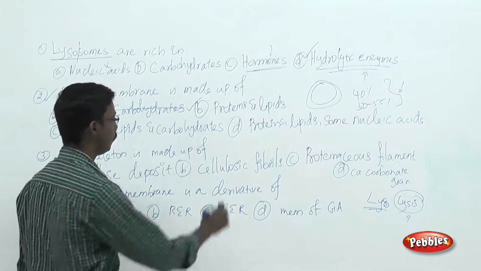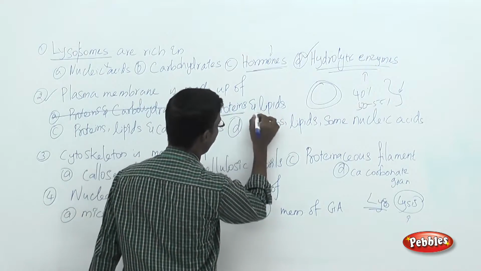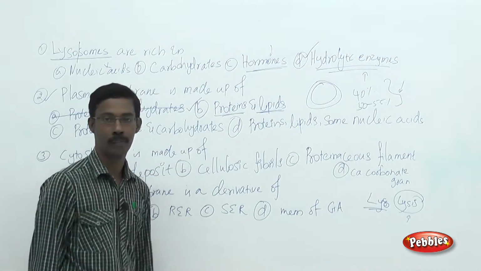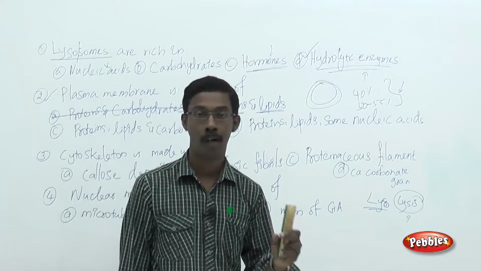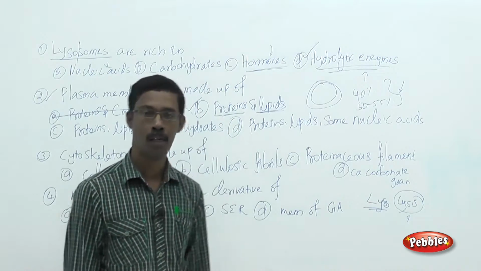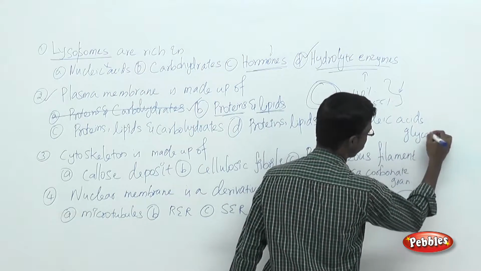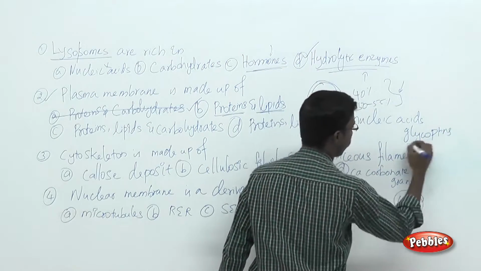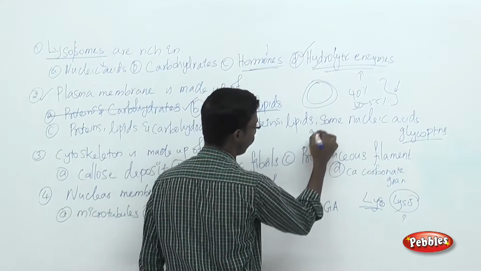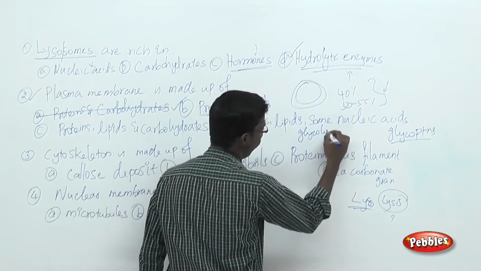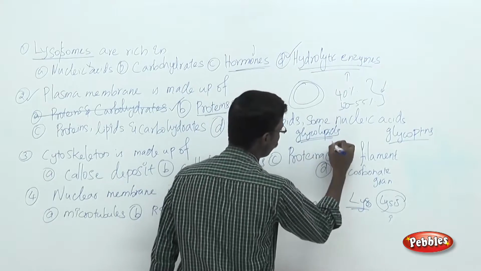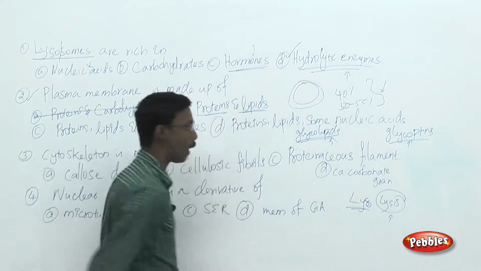But just remember one thing: a minute percentage of carbohydrates may be attached to the proteins. There are some proteins called glycoproteins, and some lipids called glycolipids. These may be part of the plasma membrane.